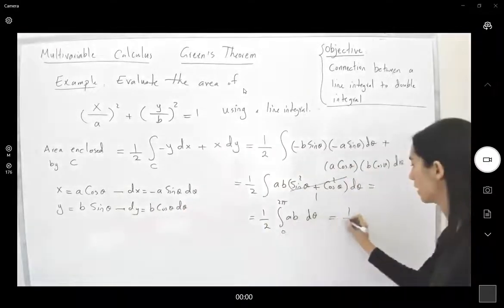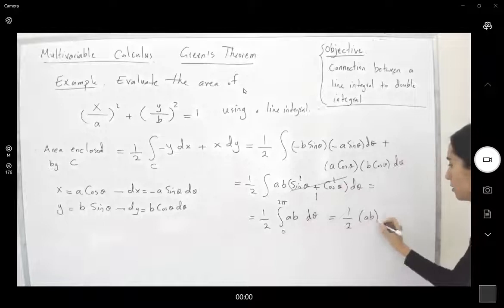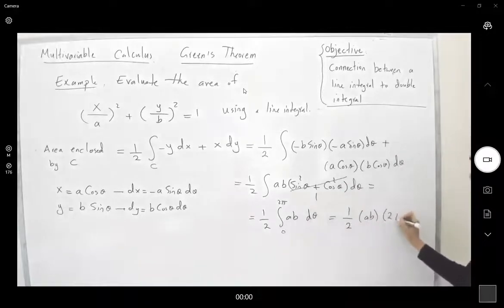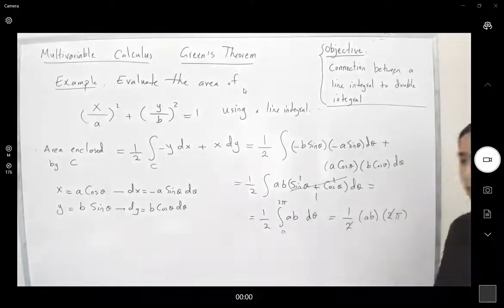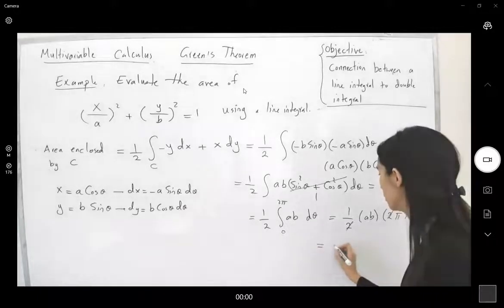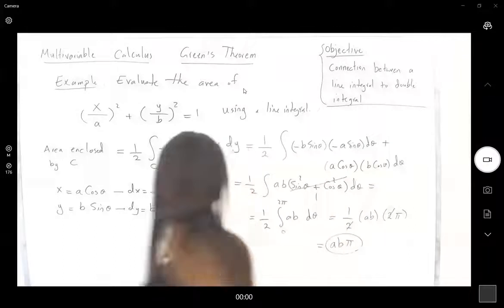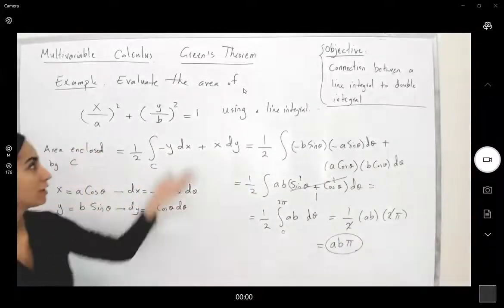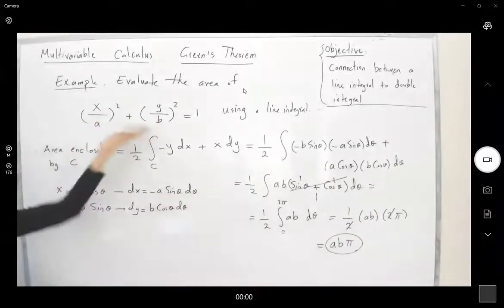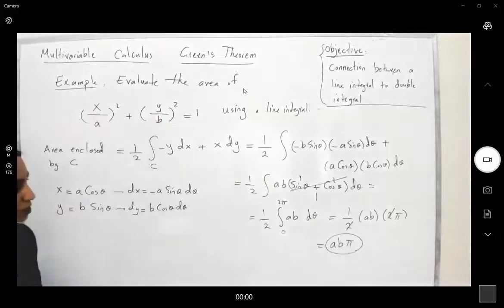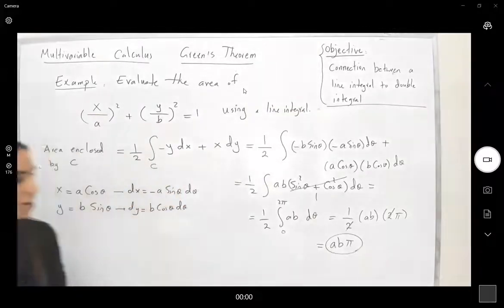You get a half times ab times 2 pi. We can cancel out 2 and 2. This is equal to ab pi. This is the area of an ellipse, the general form of your ellipse, and this is the area enclosed by this ellipse.